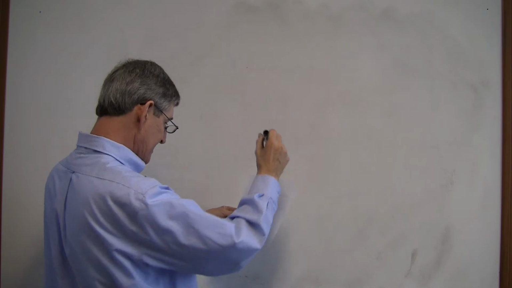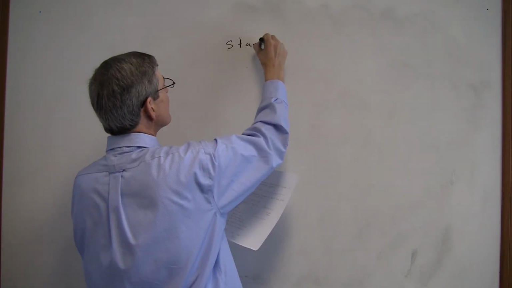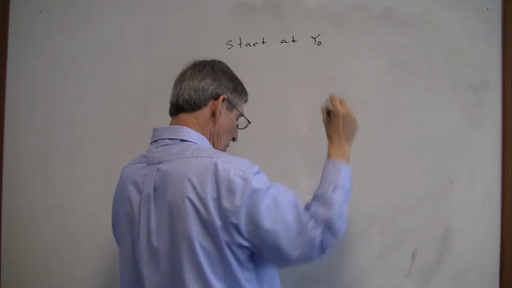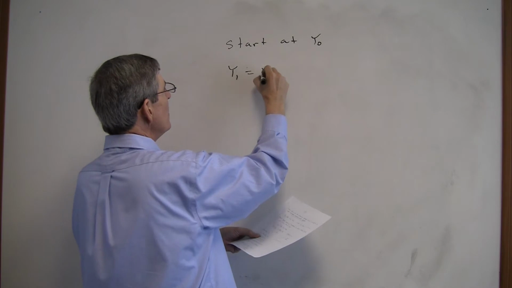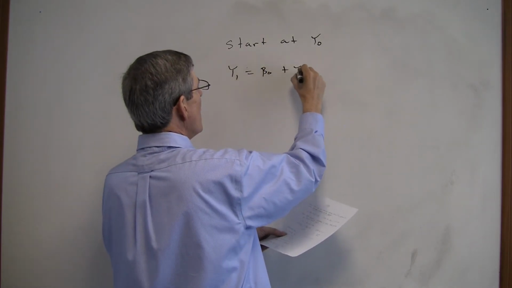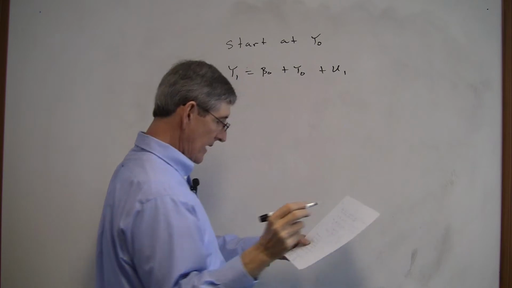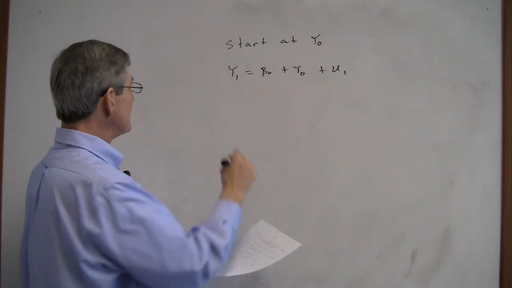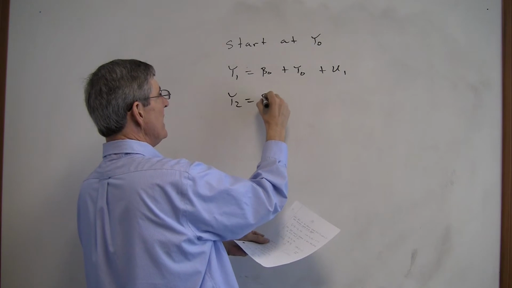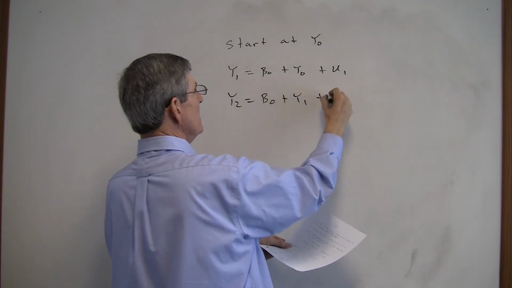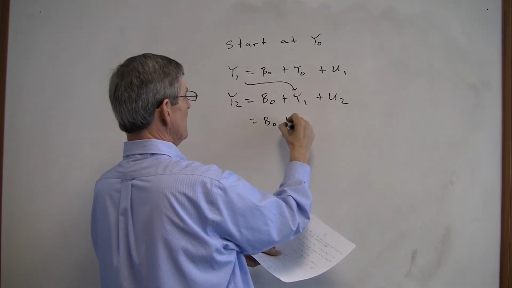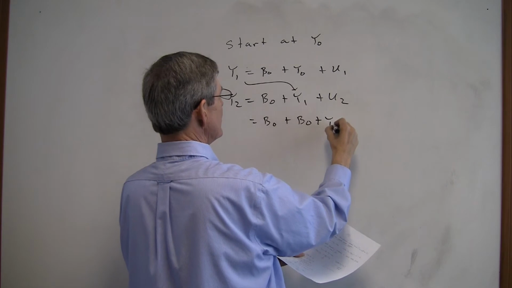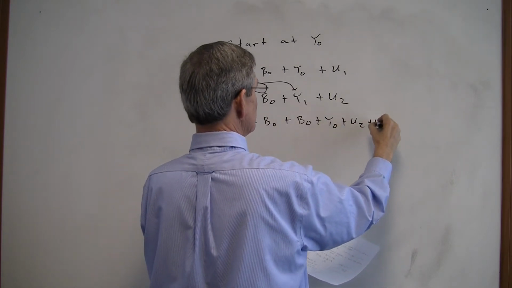The reason it goes upward like that, let's play around with this model a little more. Let me show you a different way to represent this model. So I'm going to start at y0. Wherever the world is at y0, that's where we're going to start. Then y1 would be beta 0 plus y0 plus u1, right? Then y2 would be beta 0 plus y1 plus u2, and I'm going to plug that in there. So that's beta 0 plus beta 0 plus y0 plus u2 plus u1.